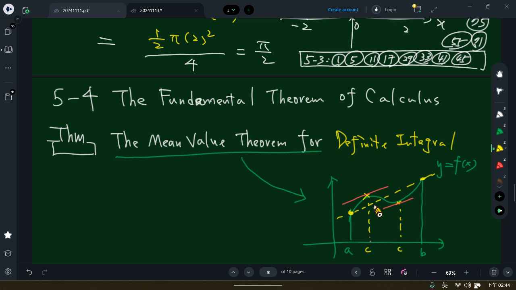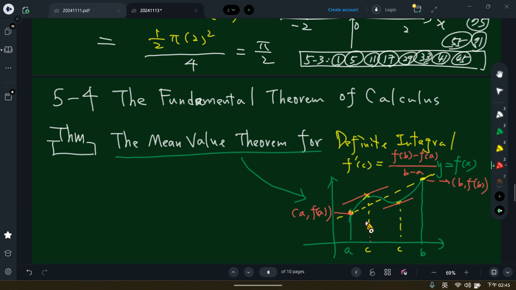So we can find at least one c between a and b such that f prime of c is equal to f of b minus f of a over b minus a. Here is a, f of a, and here is b, f of b. Something like that, right?